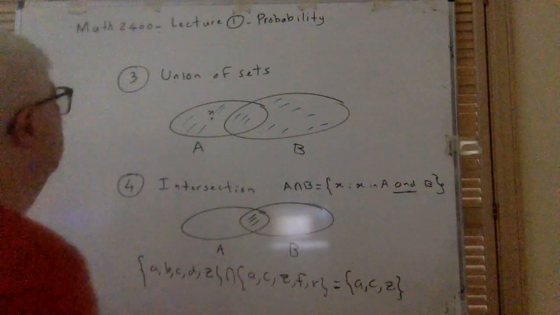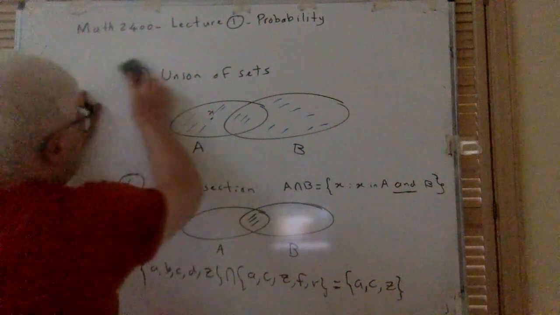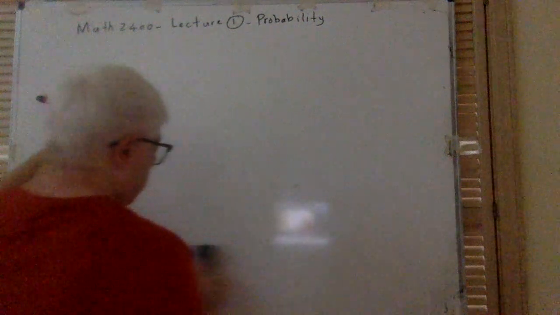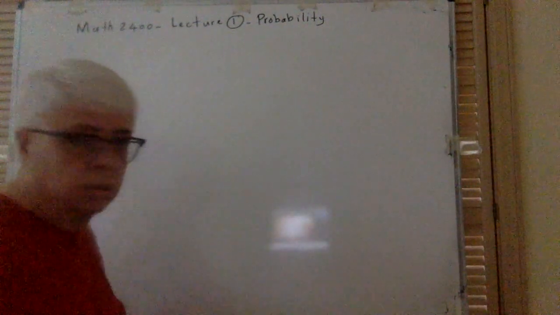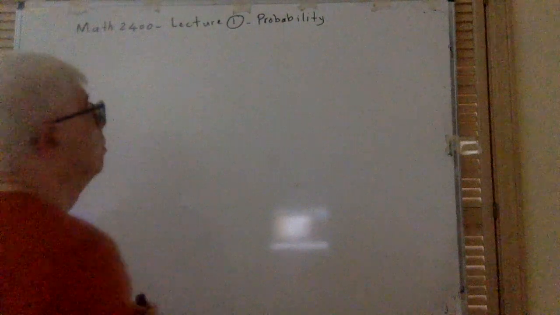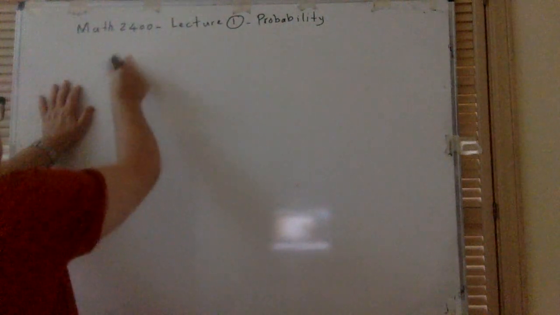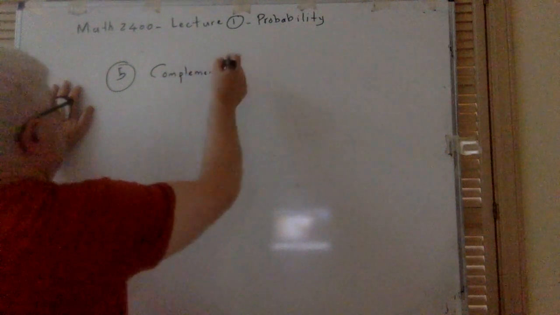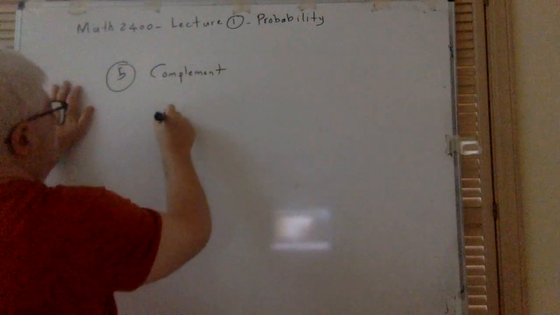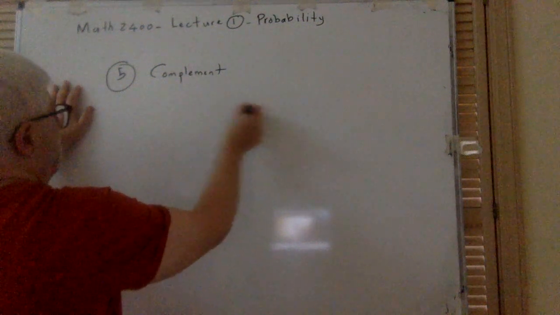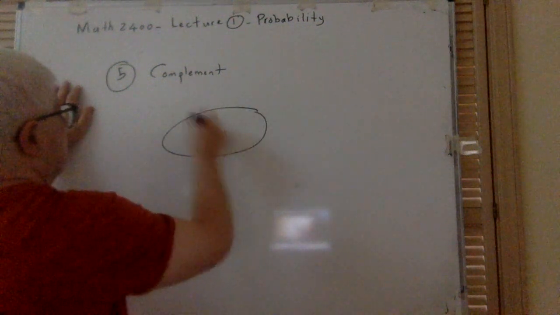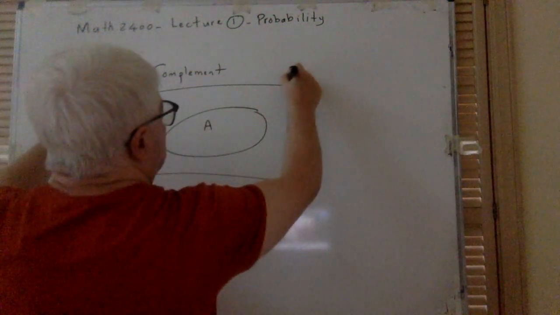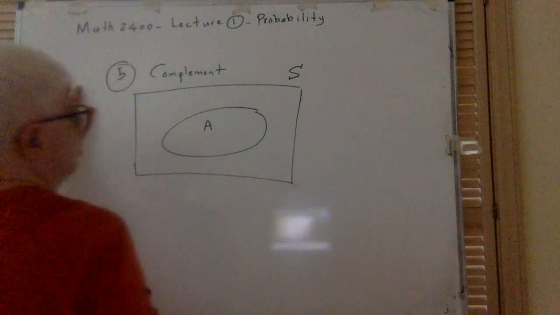And one more thing, number five, is complement. Some books use, so if I have set A, say, and I have the universe, let's say it is S, the sample space, and A is part of this.